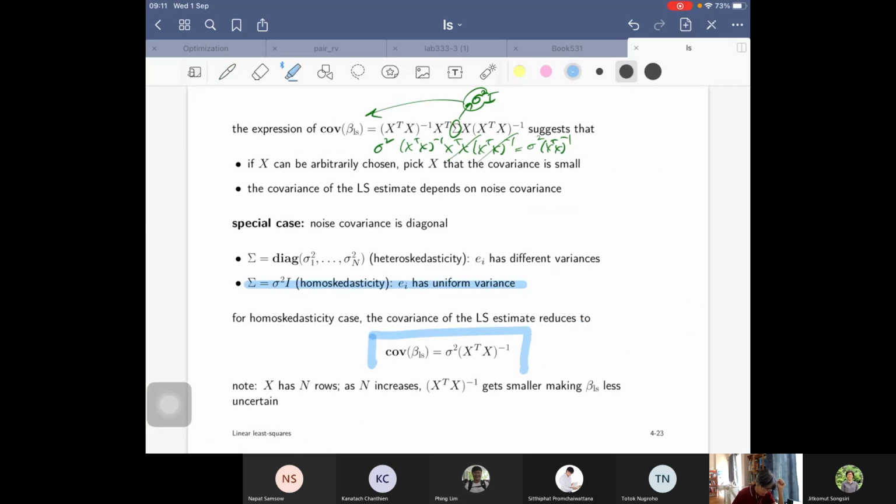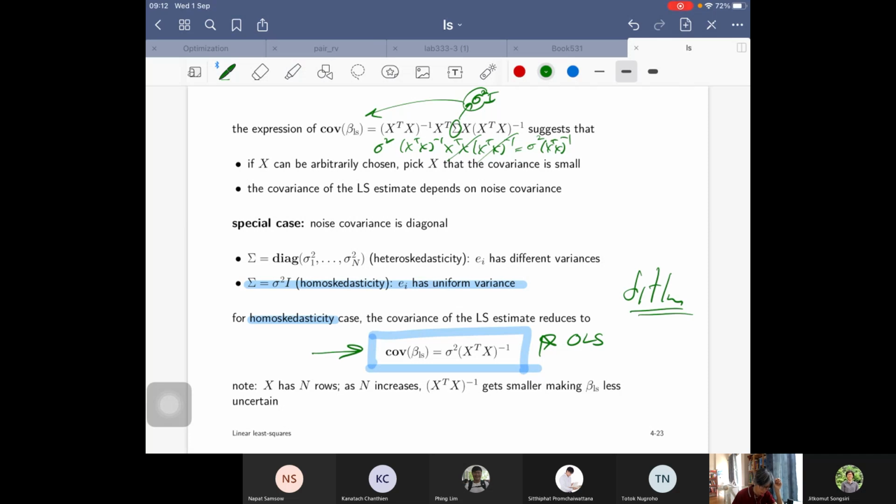This is the result, let me mention again, for the homoscedasticity assumption on the noise in the DGP. This is the term that most library packages on ordinary least squares give you. For example, the fit-lm command that I just showed, you can also retrieve the covariance of beta hat numerically, and that is the expression they use.